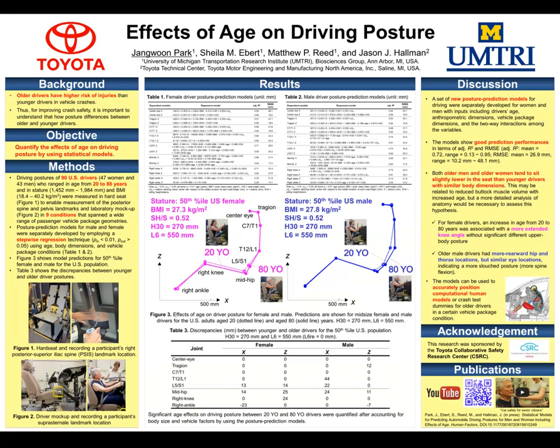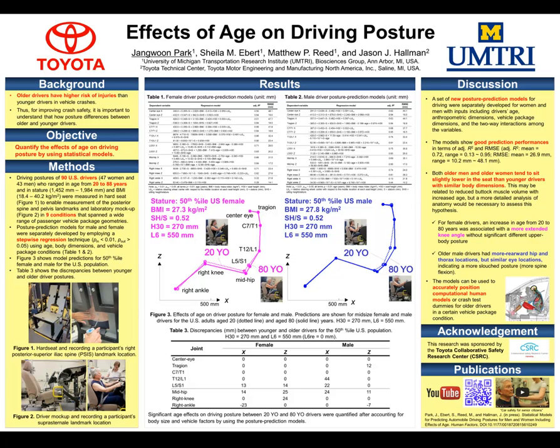So here, this is my poster presentation. You can see the title is up front, at the top, and Toyota is a sponsor of this research. So I put Toyota's logo on the left side, and my research institute, University of Michigan Transportation Research Institute, UMTRI, on the right side. As you can see, the left side here is the background: the background of this research, objectives and method, and how to build a statistical model to predict driving postures.